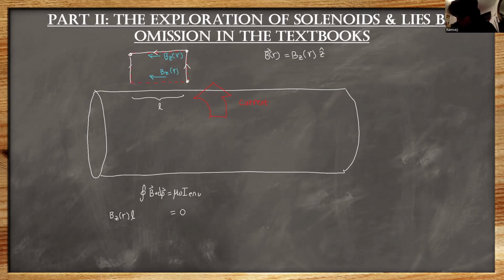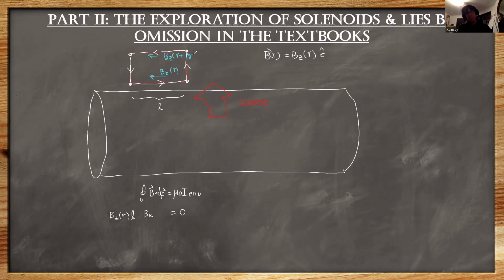Then you can walk down this side, and once again that gives no circulation, no B field in that direction. We showed that. Now we're walking against BZ, so it'd be negative. I should have called this BZ of R and then BZ of R plus delta R, because it's a different radius we're at.